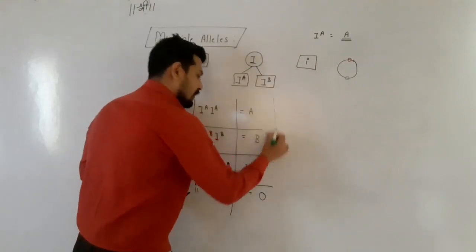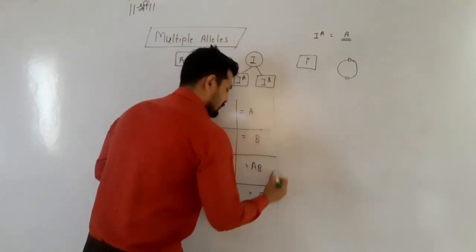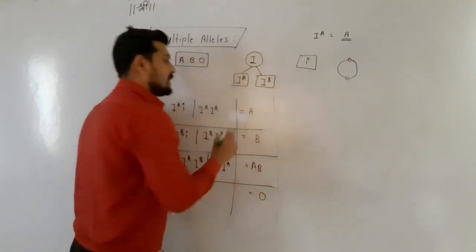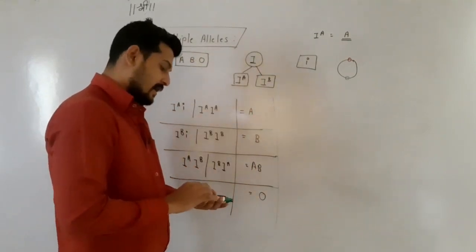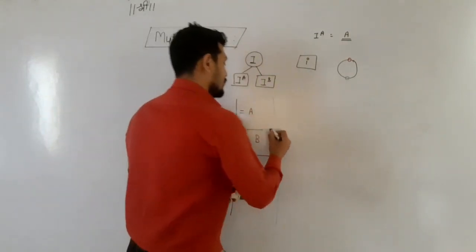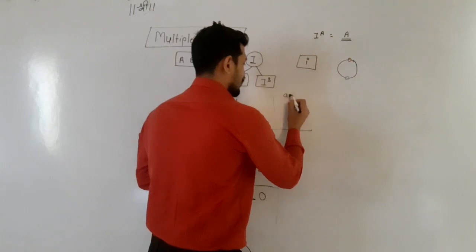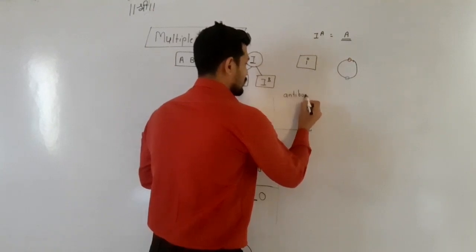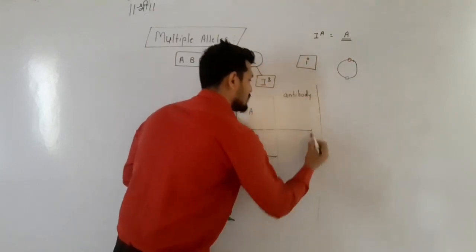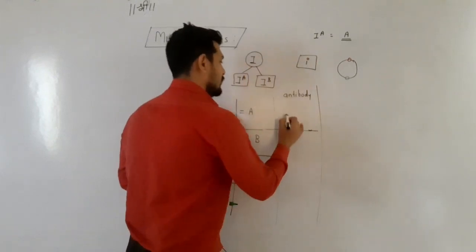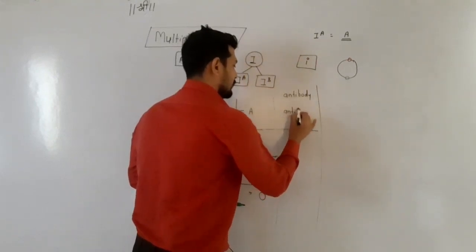If the blood group of the person is A, then the A antigen is present, and the antibody produced by the person who has the A blood group will be anti-B.